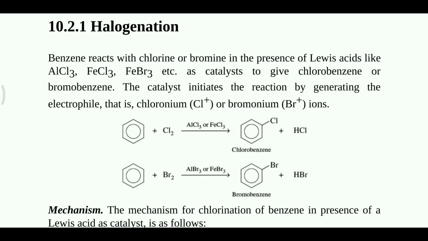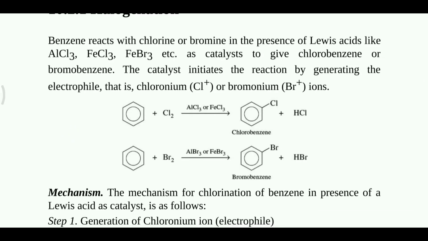Now it is a substitution reaction. Now what is happening? One atom of chlorine is attached to the benzene, and the hydrogen is removed from that carbon. This removed hydrogen binds with another chlorine atom, and they form HCl.